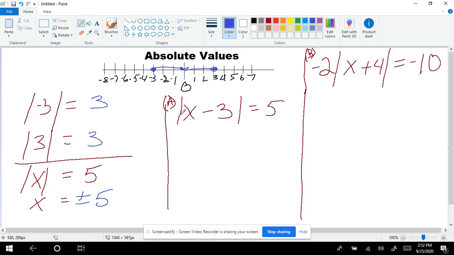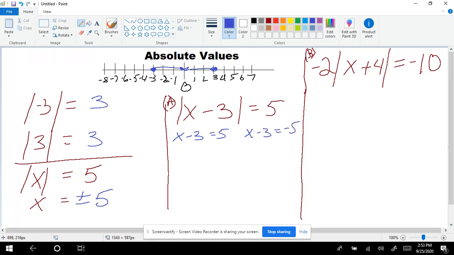Say we have an absolute value equation set up right here for part A. Once we simplify so that we have just the absolute value on one side of the equation, then we can set up two separate equations to solve. One equation is x minus 3 is equal to 5, and the other is x minus 3 is equal to -5.